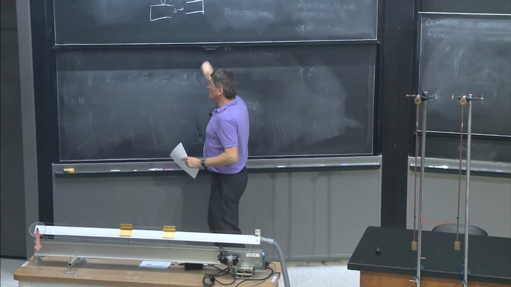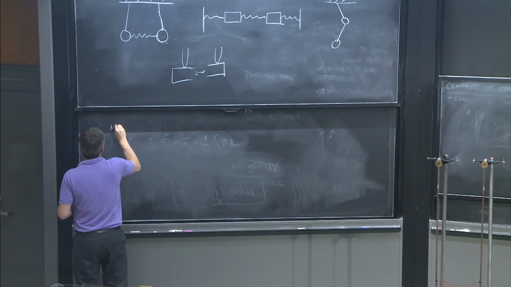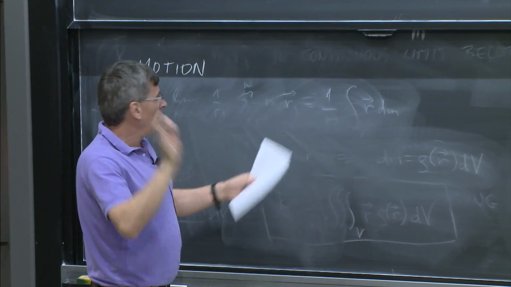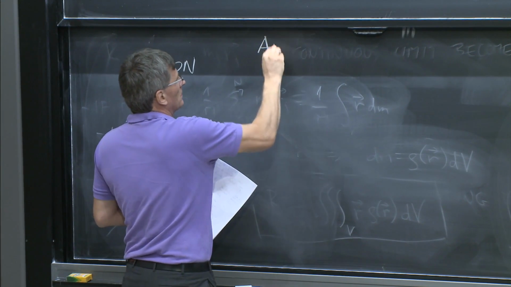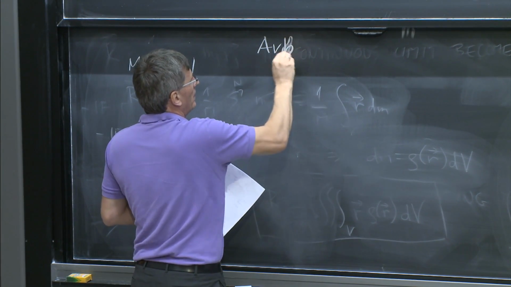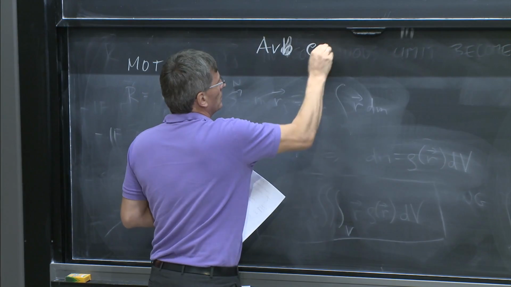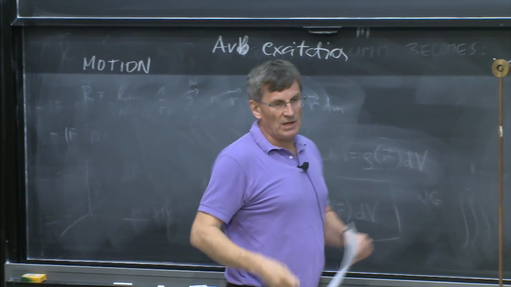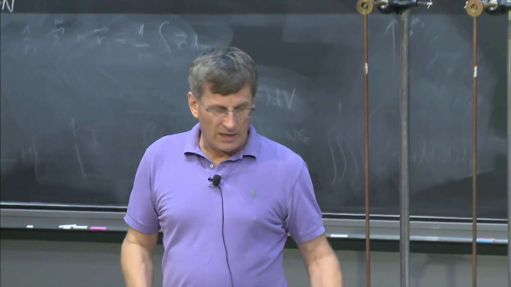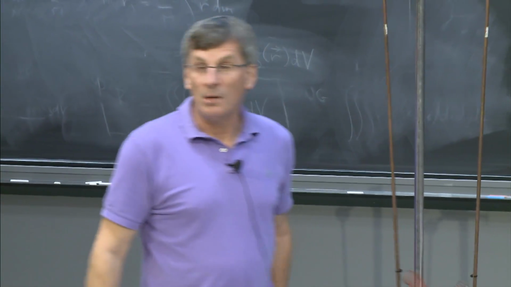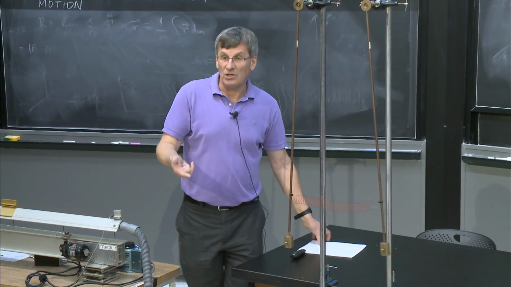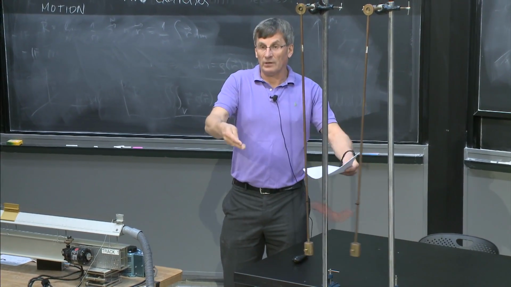So if you look at the motion of an oscillator, you can have, let's say, an arbitrary excitation. Excitation means I kick it in some sort of arbitrary mode. I just come in and set up some initial conditions such that things are moving.